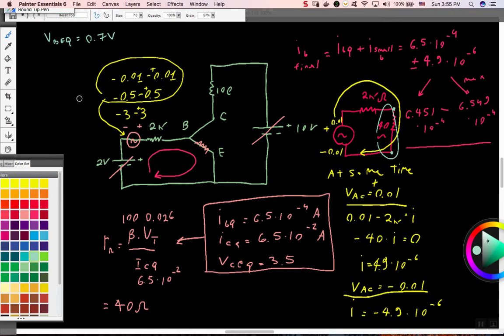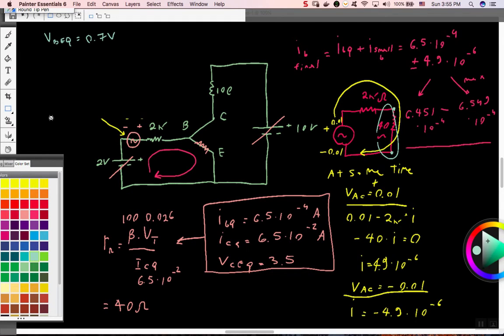Well, you have to erase something. Okay, I'm going to erase this. Sorry, I need to also erase the arrow, but it's okay. And then what will be the effect of the small signal on VBE?